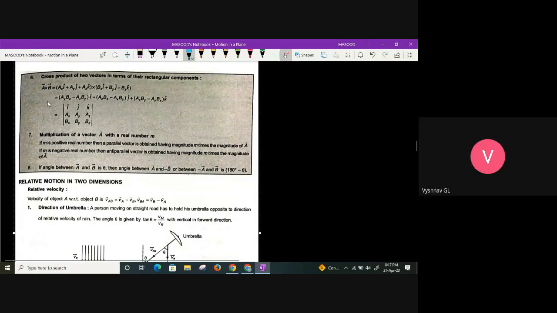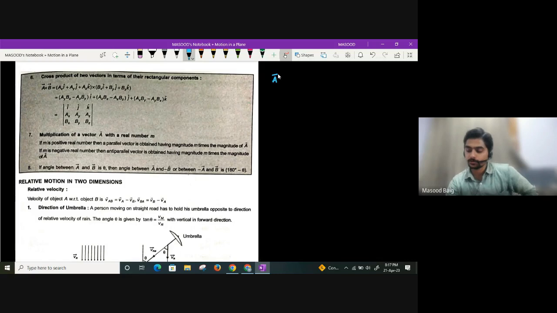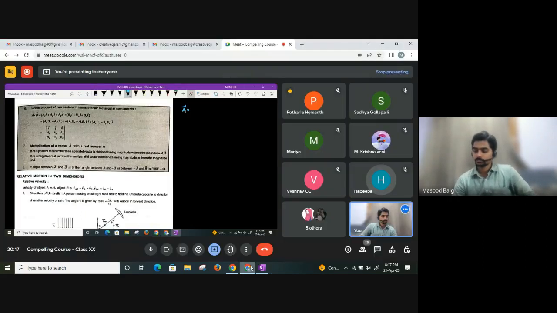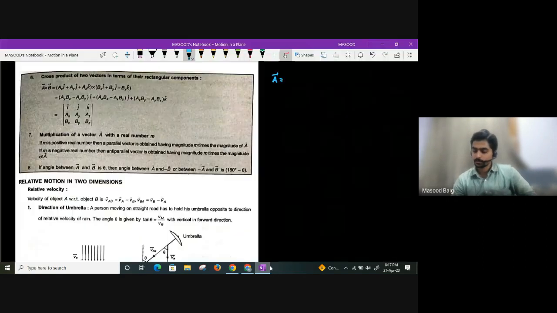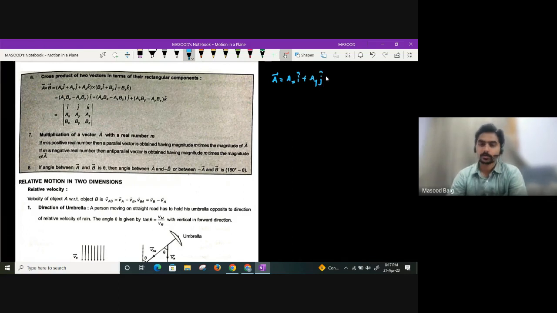Right. Let us see how to perform this. Suppose a vector is given in a plane. In a plane, how many components does the vector have? Infinite components, I said. Rectangular components, two, guys. So I can write A bar as ax i cap plus ay j cap, and B bar as bx i cap plus by j cap.